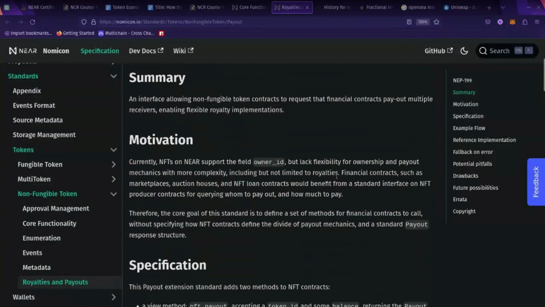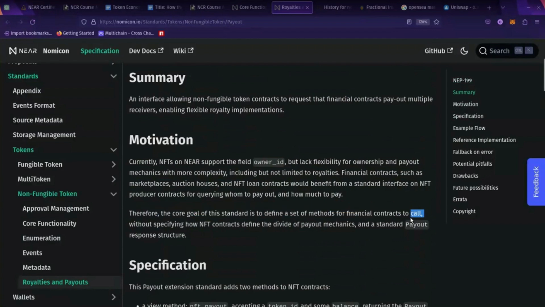So basically what they're saying is the NFT standard already exists. Lots of applications have been created for this, but there's not a simple way of figuring out how to pay people out. So the core goal of the standard is to determine a set of methods, so functions that can be called in the blockchain for financial contracts to call.